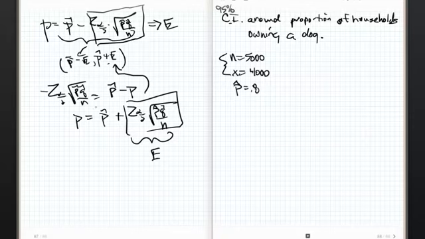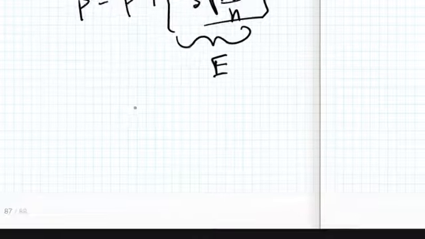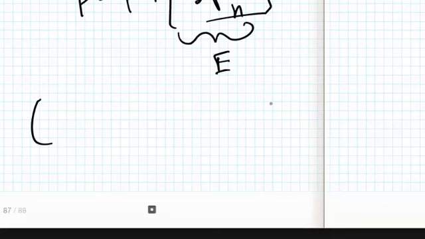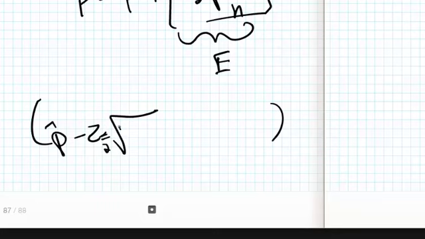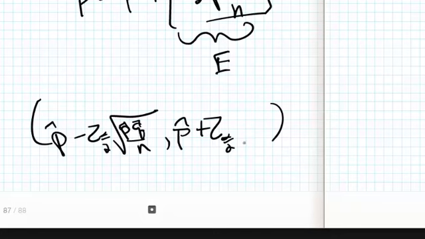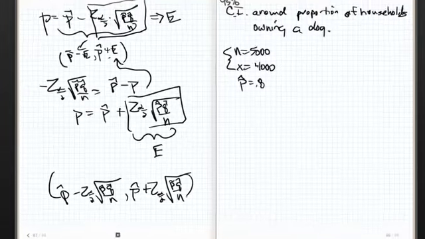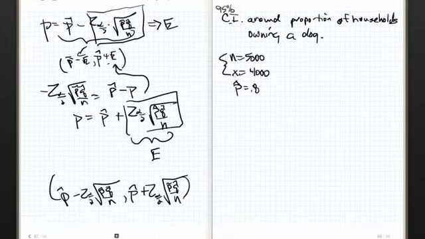Now, remember this formula: the confidence interval is going to be p hat minus z alpha over 2 root p hat q hat over n, comma, p hat plus z alpha over 2 root p hat q hat over n. That's all we need.